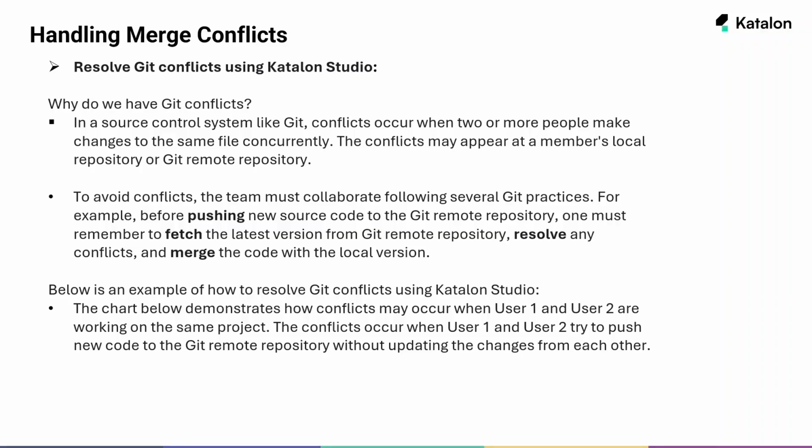Let us say the chart below demonstrates how conflicts may occur when user 1 and user 2 are working on the same project. The conflicts occur when user 1 and user 2 try to push new code to the Git remote repository without updating the changes from each other.